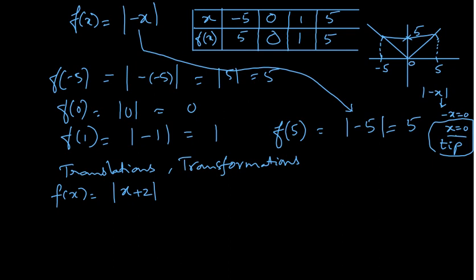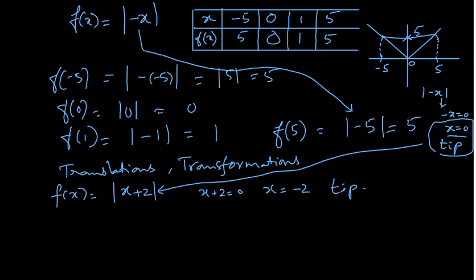Now come back to this and say, oh, I have the x plus 2 here. So you equate x plus 2 to 0. You have x equal to minus 2. So the tip will be at minus 2. That means you are shifting this to the left, which we know anyway, translation, right?